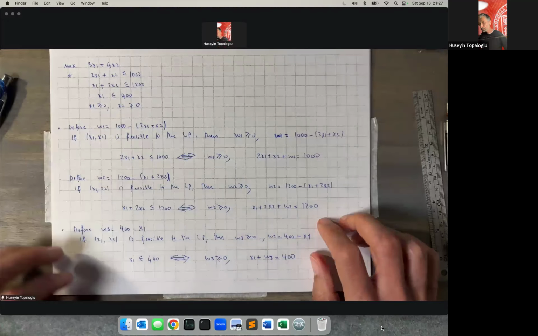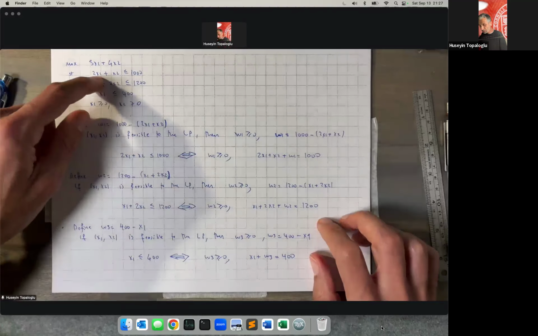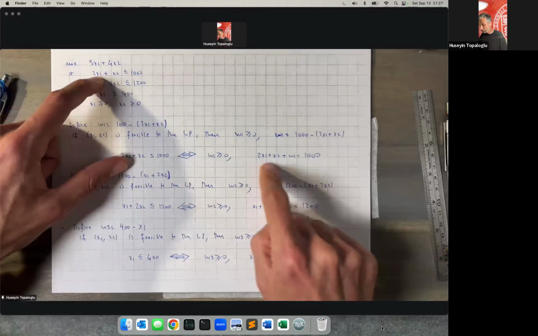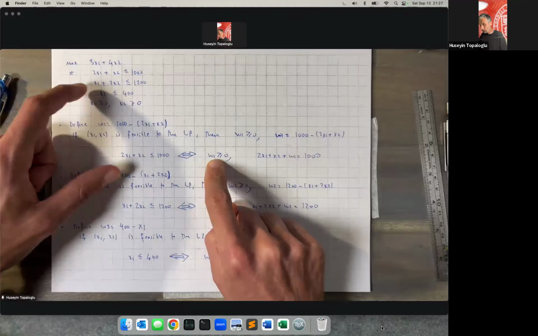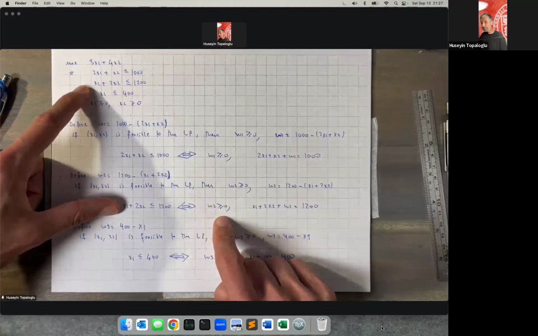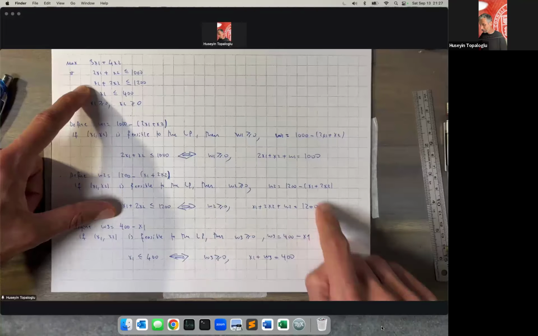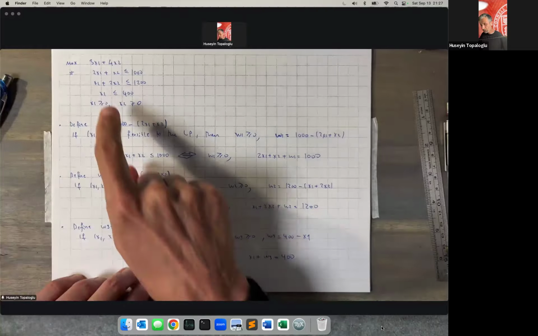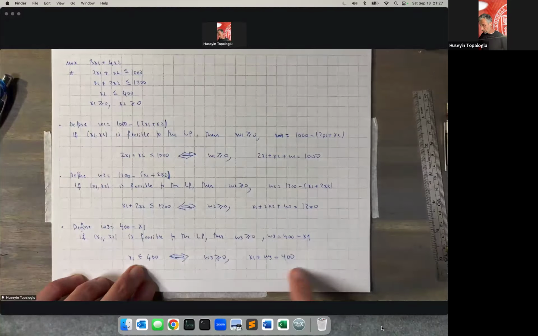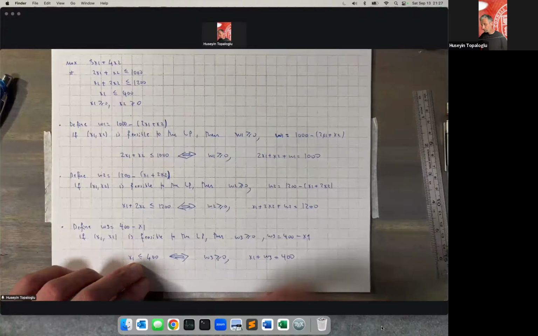Okay. So now what we get from this discussion is that we can replace the first inequality constraint by this equality constraint and a non-negativity constraint on the W1 decision variable. We can replace the second inequality constraint by this equality constraint and a non-negative constraint on W2 decision variable. And we can replace the third inequality constraint by this equality constraint and a non-negative constraint on the W3 decision variable.